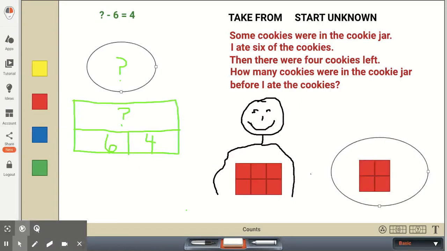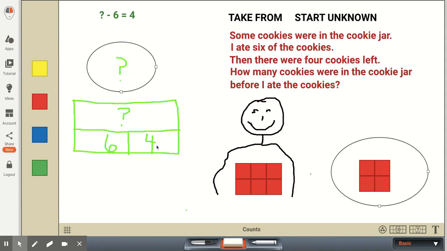And here's another way that our first grader can look at this problem. They can be looking at it as a part-part whole or part-part total or total part-part. So the total is how many cookies were in the cookie jar before we ate any.